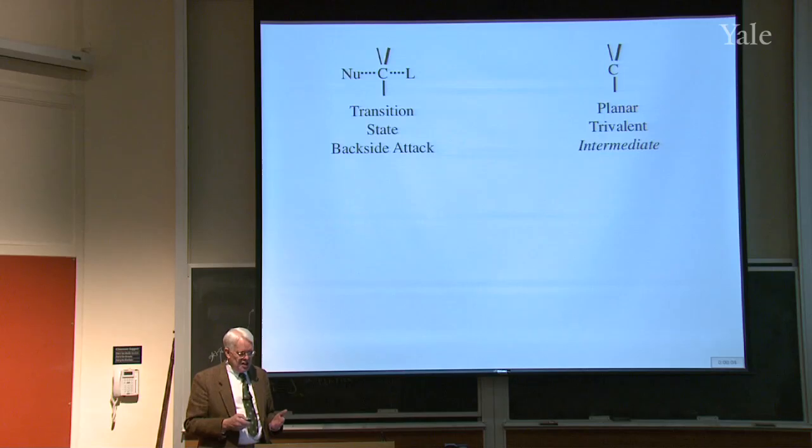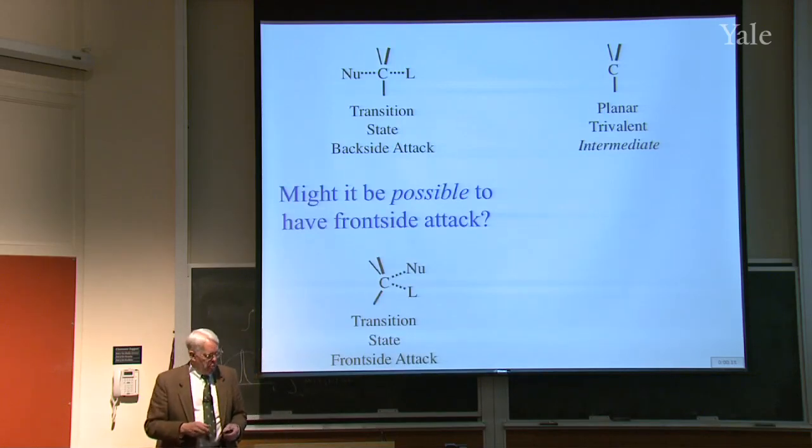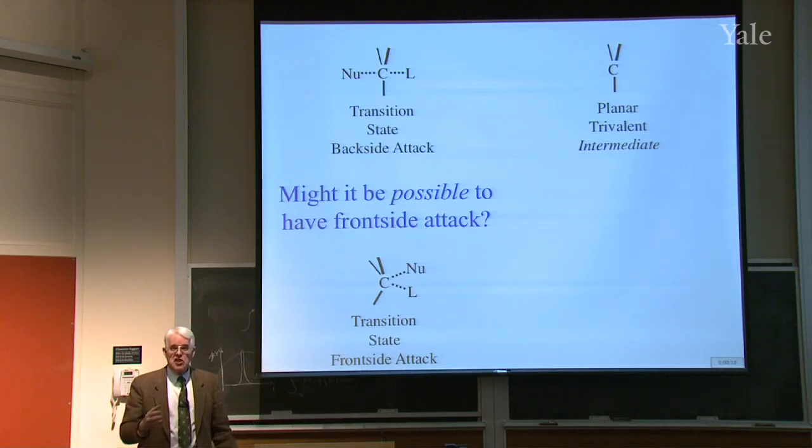So this is consistent with the idea that the transition state involves backside attack, right? Not the planar intermediate, okay? Now, there's a question. Might it be possible to have front side attack? Might it be just easier to do backside, but you could do front side attack if you want, if the other one weren't faster? How hard is it to do front side attack, right?